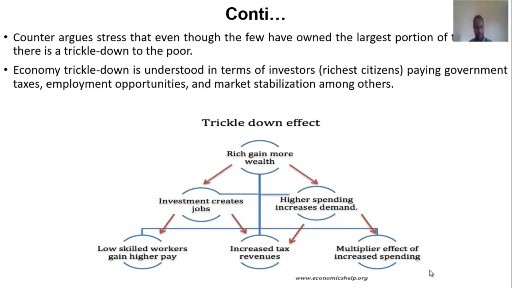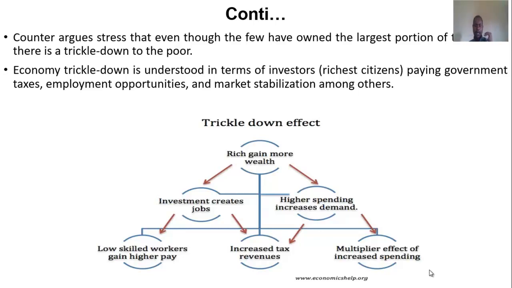When they invest, they establish companies, factories, institutions, and thus investments will create jobs. And when jobs are created, low skilled workers will be hired in their economic agencies, and then as the investment expands, workers get paid, because they will gain a higher pay.